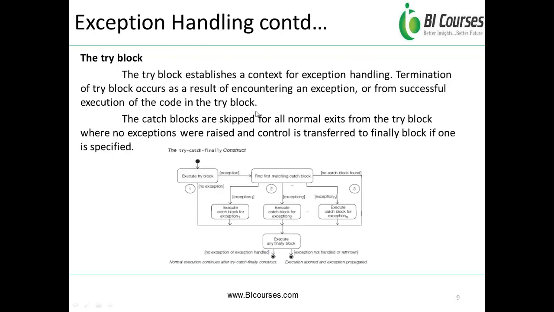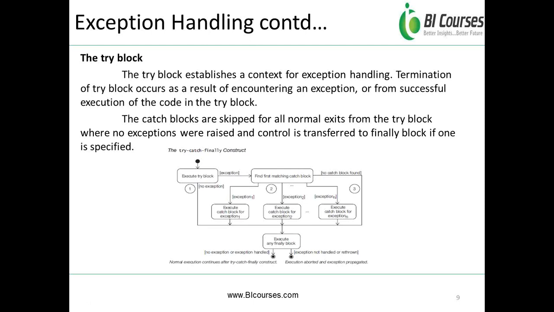The try block establishes a context for exception handling. Termination of the try block occurs as a result of encountering an exception. So if an exception occurs, the try block will be terminated.